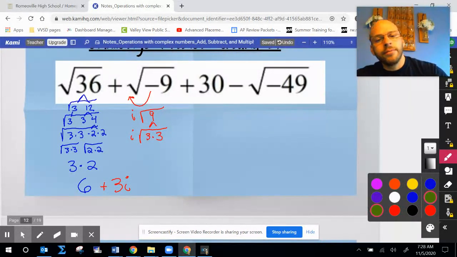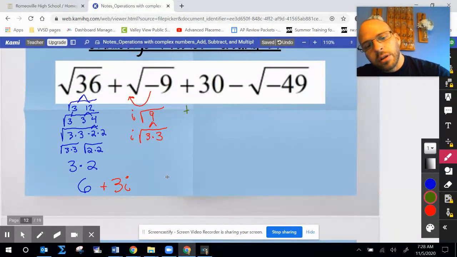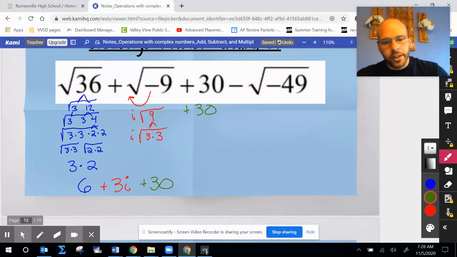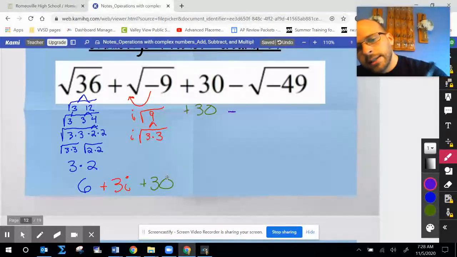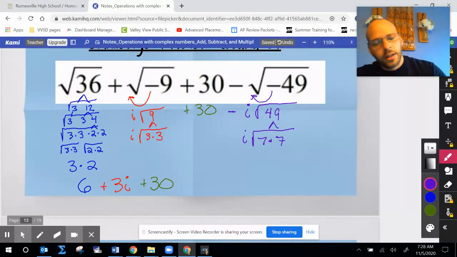I'm going to keep going. I have a plus 30. Well, there's not a whole lot to do there, so we can just say plus 30. And then last but not least, I'm going to say minus, and then we know that there's going to be an i because I have a negative with that 49. If I break down that 49, I'm going to have 7 times 7. And I get i, or in this case, 7i.